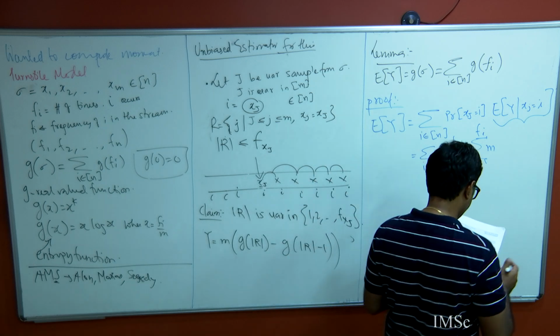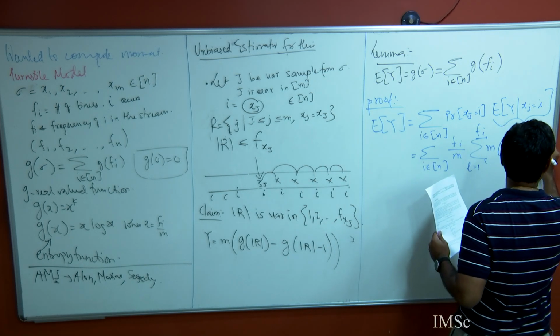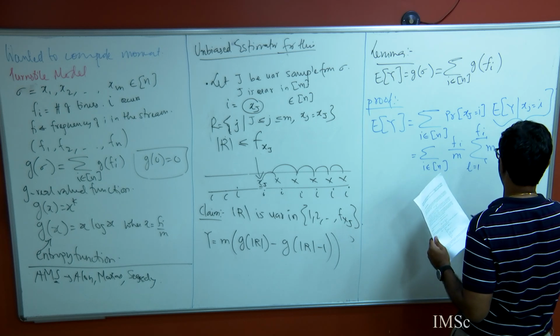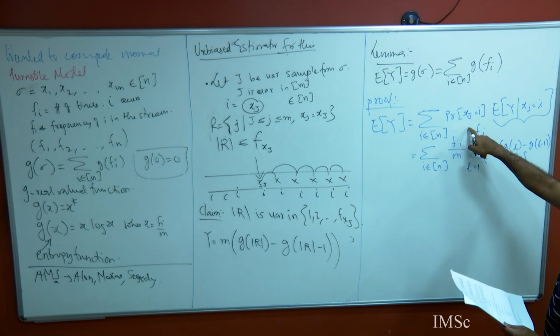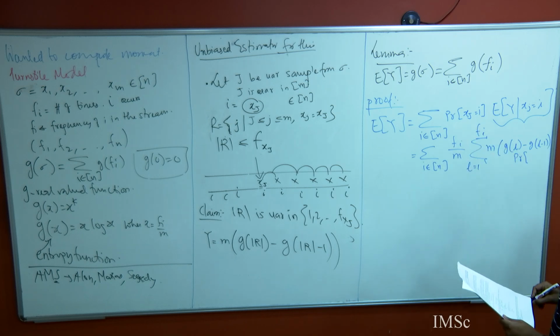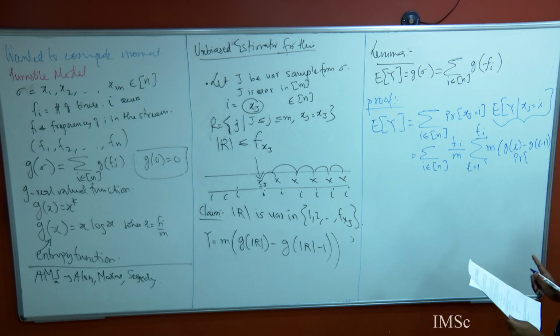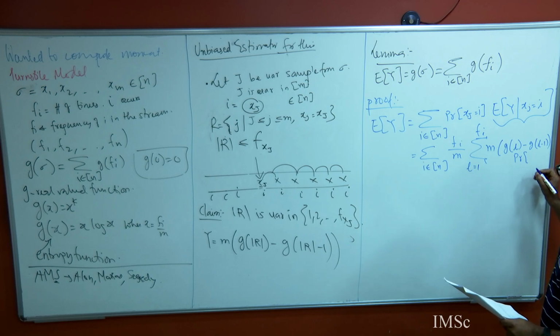So this is going to be g of L minus g of L minus 1 times the probability that, so just 1 by Fi.